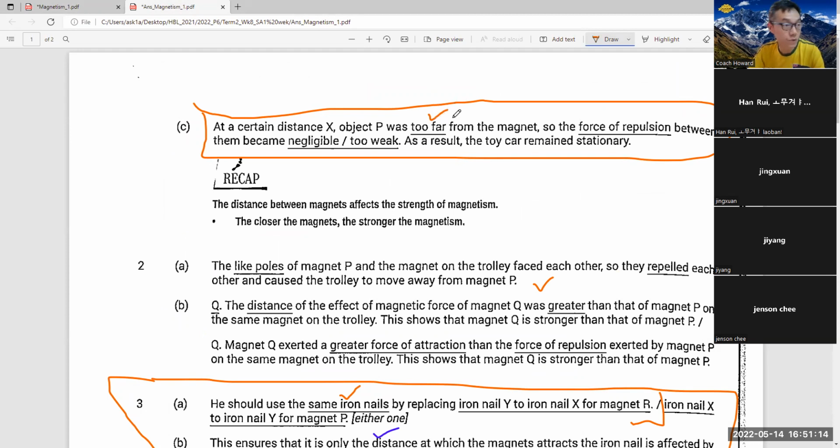This is a keyword. So the force of repulsion between them became too weak. Take note of this. As a result, the toy car remains stationary. So these are the keywords. You must understand that the magnetic force of repulsion is too weak if the distance is too far away.